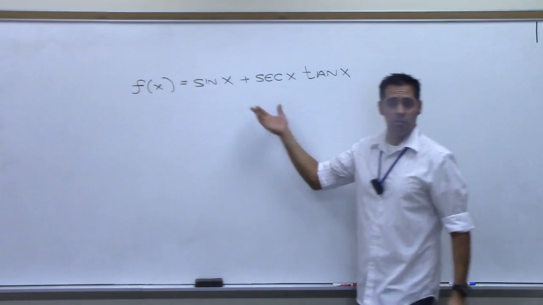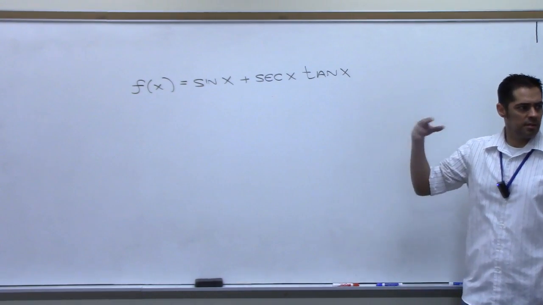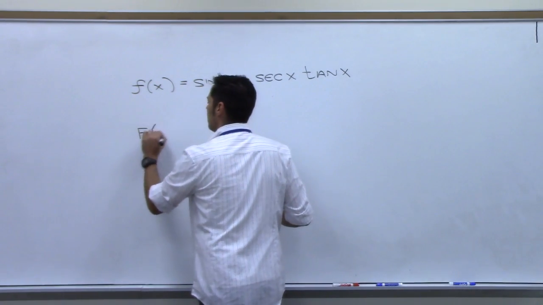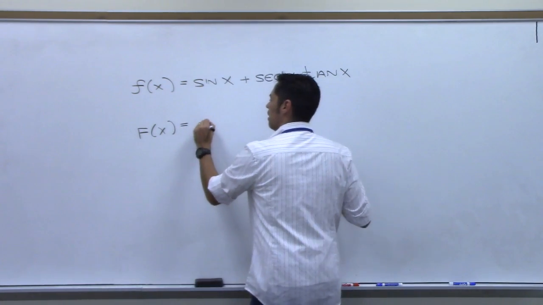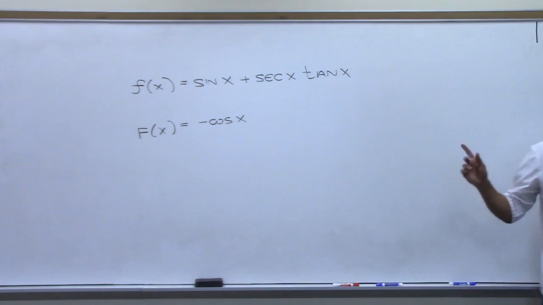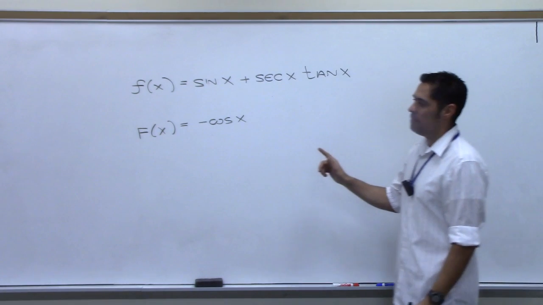So these are not power rule, right? This is not x to a power. This is trig functions. What's the antiderivative of sine? Negative cosine. And so that's the one you got to be careful with, right?